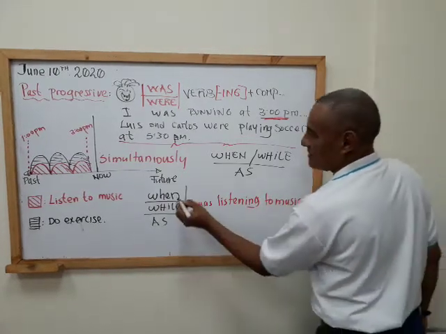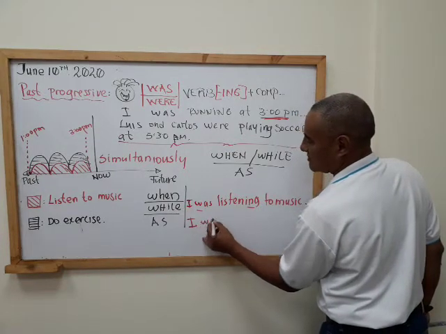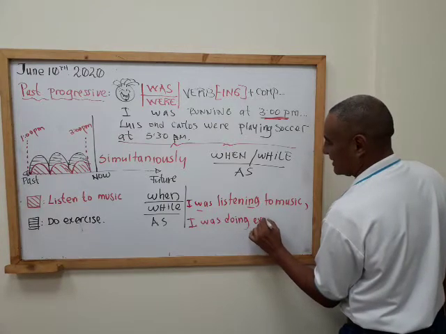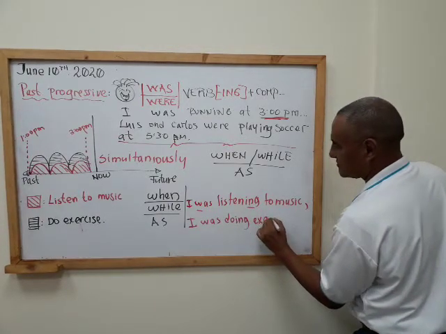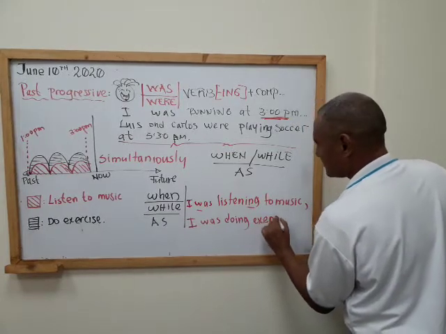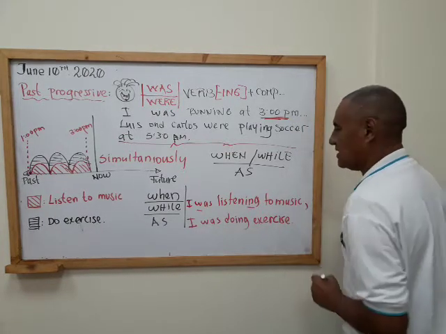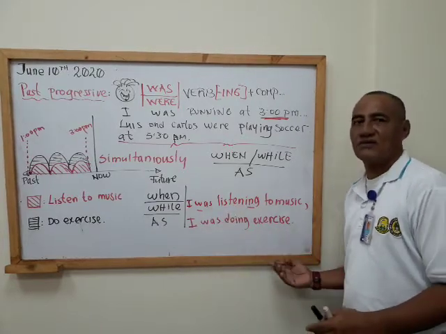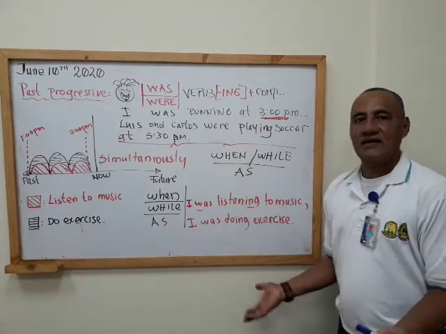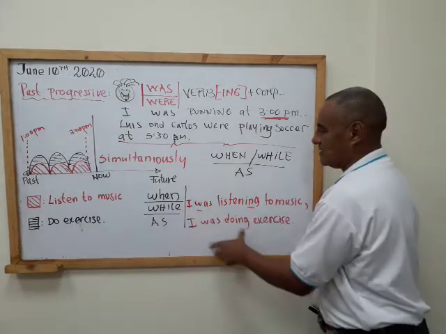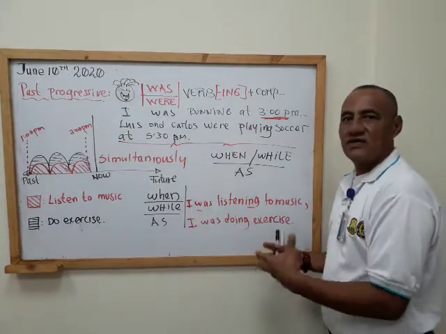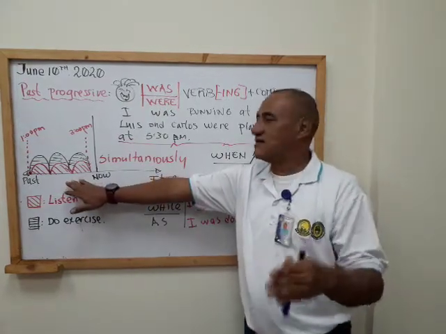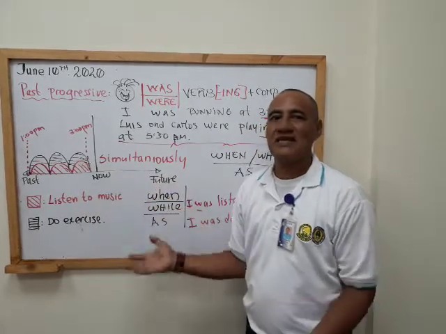I was doing exercise. Mientras escuchaba música o cuando estaba escuchando música, estaba haciendo ¿qué? Ejercicio. Then, with this, I have just described two ongoing activities that happen simultaneously in the past.